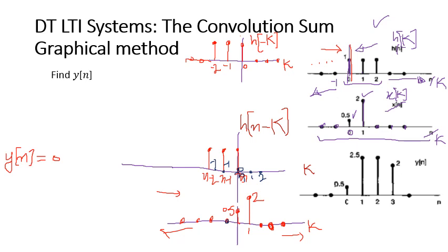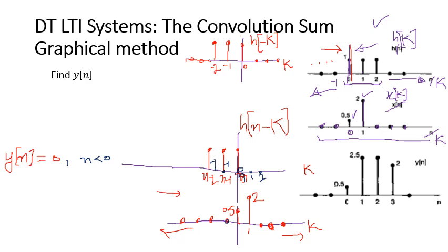In that case the product of all were 0. So we can say that y of n equals 0 when n is less than 0. Less than 0 means at -1, the product of the corresponding values was 0, at -2, -3, -4, -5, and so on, and it stays 0 until n reaches 0.